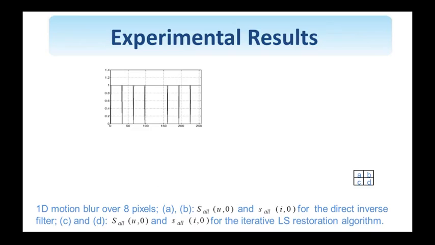So for the degradation we've been using throughout this presentation, 1D motion blur over 8 pixels, we show here the frequency response of the overall system when direct inversion is used. So I can match in the restoration filter exactly the inverse of all frequency values of the frequency response of the degradation, except at the locations of the zeros, since the inverse filter is 0 at those locations as well.